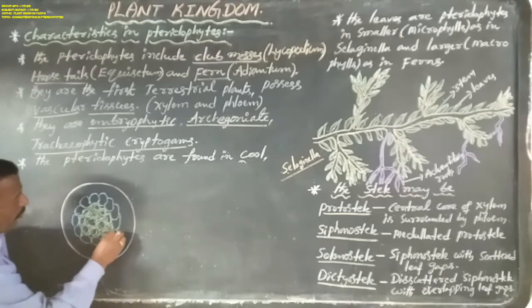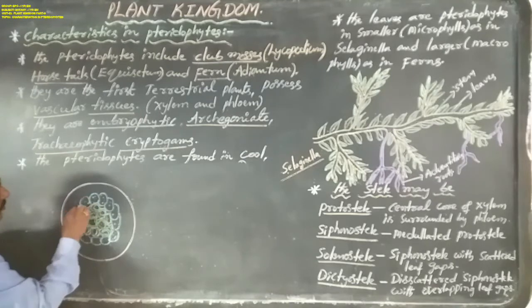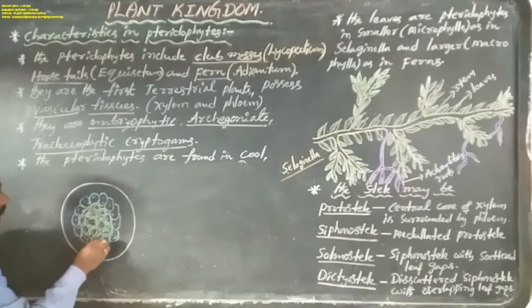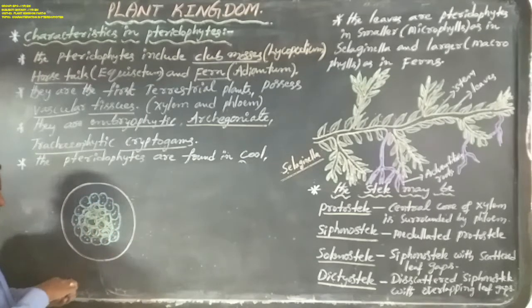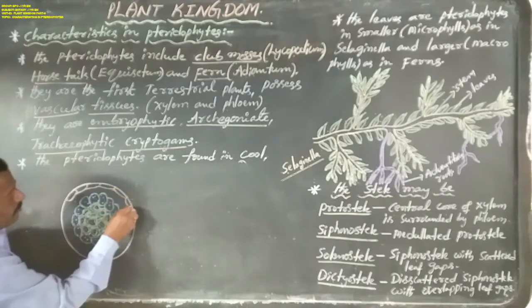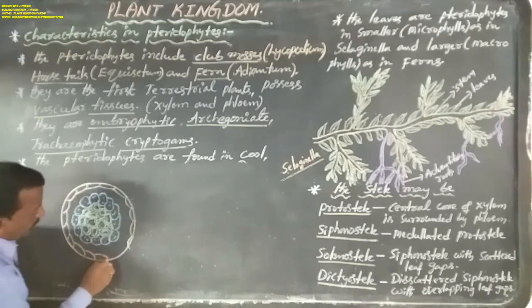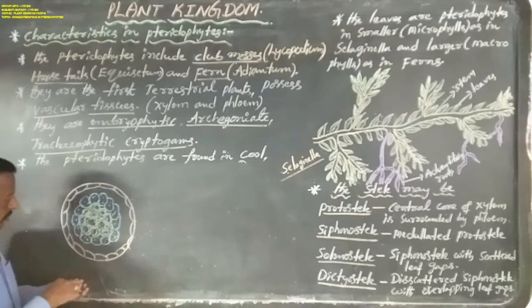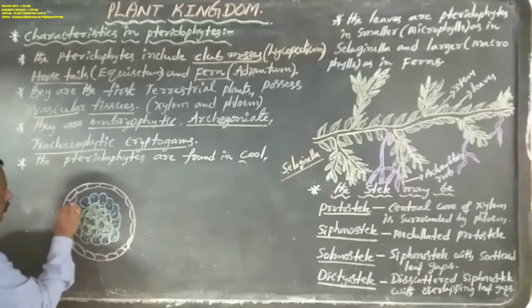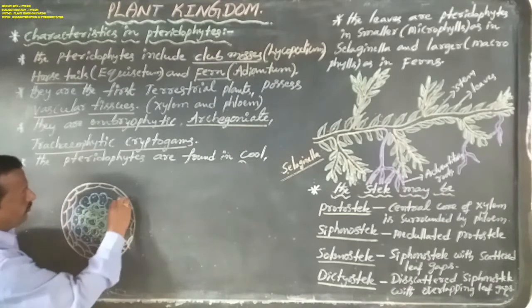Medulla or pith is not developed. This is very important here. This is the phloem, and this is the endodermis, and this is also the pericycle.